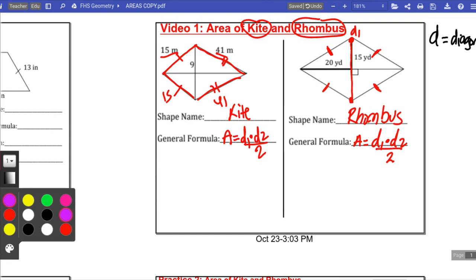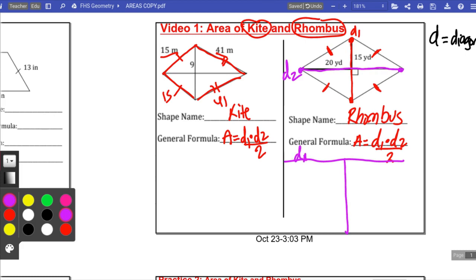D2 will be from this corner all the way to this corner. Honestly, it doesn't matter which one you call D1 and which one is D2. So I'm going to do D1. I'm going to split this in two. Right here is dedicated for D1.